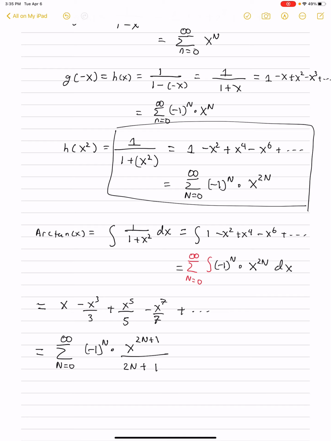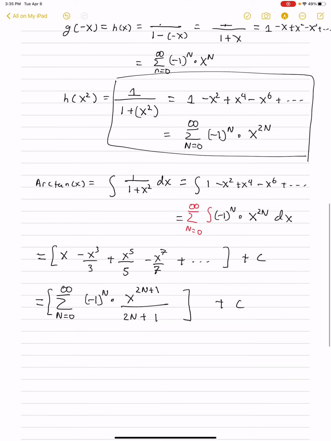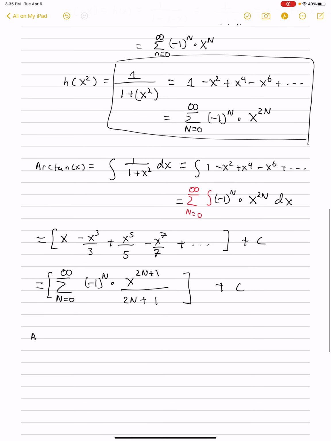So one thing you might say to me is, hey, shouldn't each of these have a plus a constant of integration? And I would say technically you're right, but note the constant of integration needs to have the same value of the arctangent. So this arctangent of 0 needs to be equal to this right-hand side, which will be a lot of zeros.